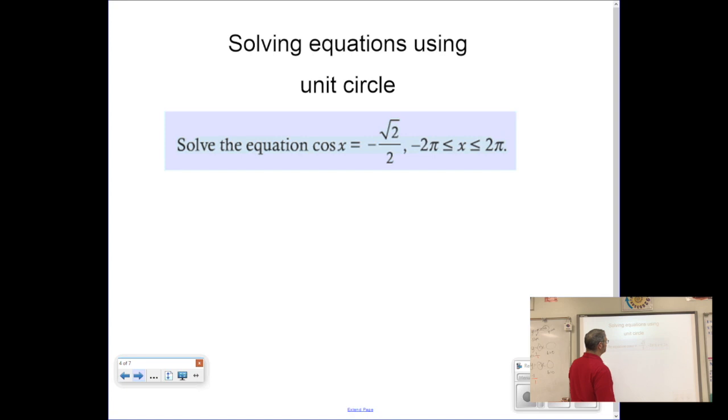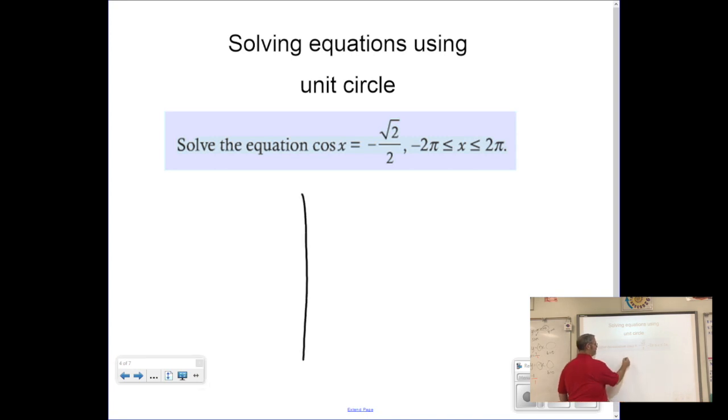For here, this equation says, solve the equation for cosine x is equal to negative square root of 2 over 2 from negative pi all the way to positive pi. So we're going to go from negative 360 degrees all the way to positive 360 degrees.